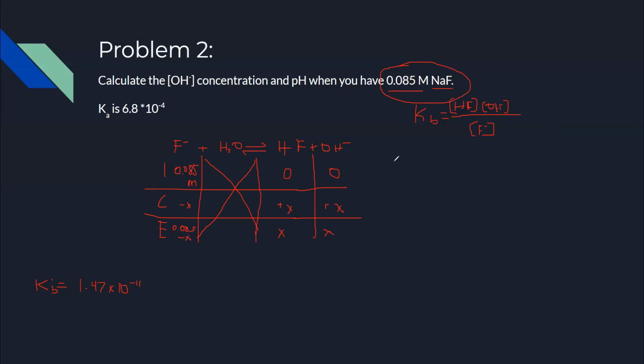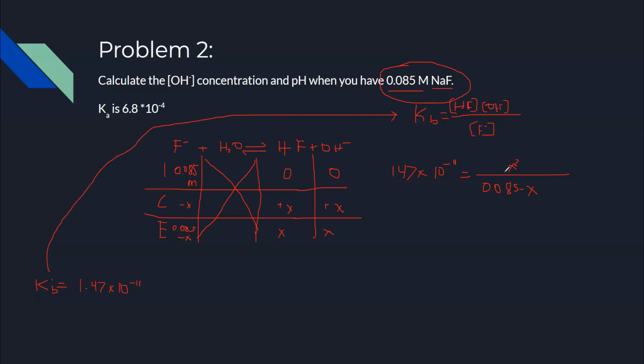Then you just use this equation, with Kb from here. So 1.47 times 10 to the negative 11th equals X squared over 0.085 minus X. How could we calculate this from here?